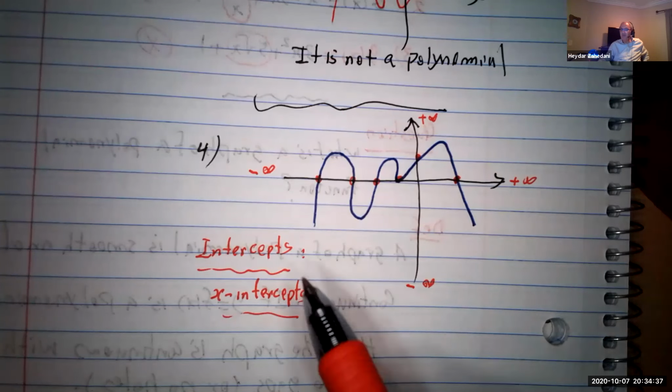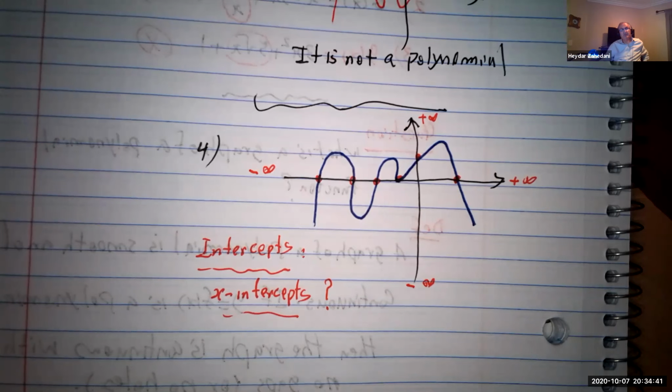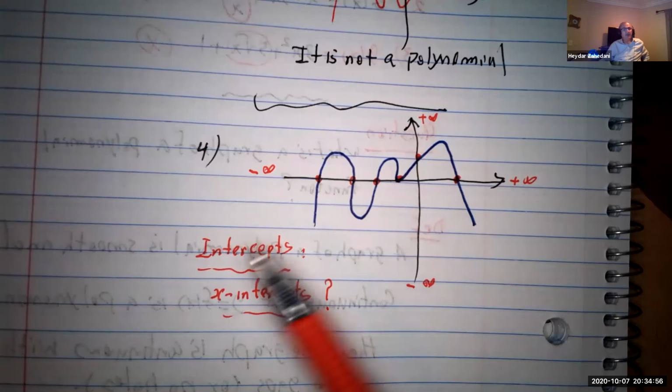We have to describe these intercepts better to get a good understanding, so we investigate by letting f of x equal to 0, and there is a case where we can quickly identify where the graph crosses and where it touches.